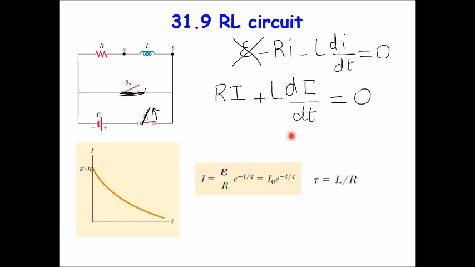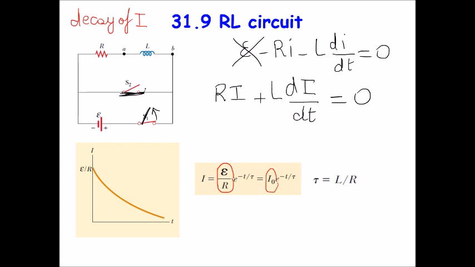That's the solution of this equation, and tau is L over R, the inductive time constant when we have a decay of the current. So here we have a decay of current. Why here do we have E over R and here we have I naught? Well, this depends on the first experiment.